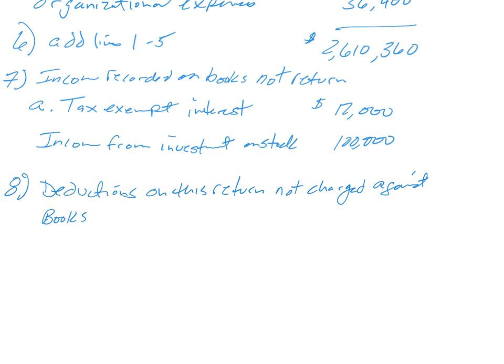So now for section 8, you're going to go and look at your adjustments and all of the places where you had to increase your adjustment, all of the things that were a favorable adjustment for tax purposes, those things would go here.